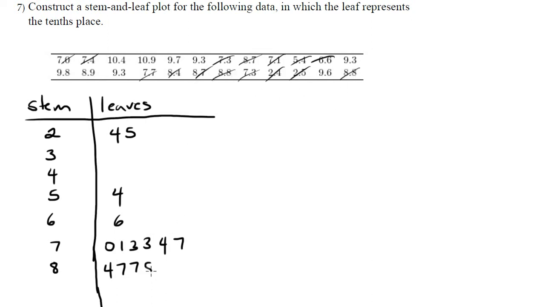I've got 2 of those. 8.9. One of those. I think that's right? 9. I've got 3 9.3s. 1, 2, 3. 9.6, 9.7, 9.8.